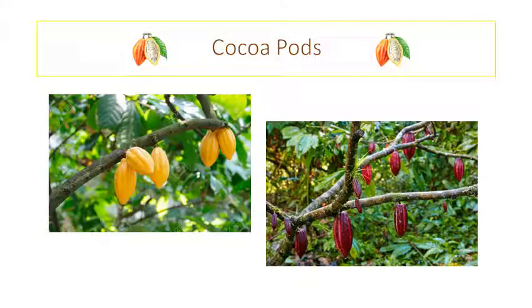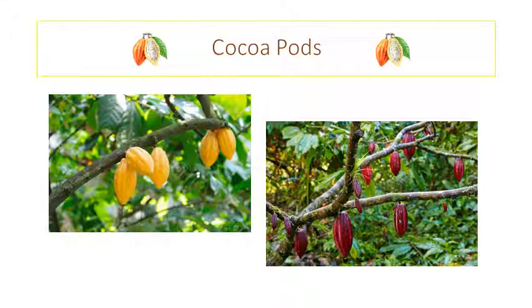Dear students, look at the slide. These are cocoa pods hanging from the branches of cacao trees. When the cacao tree is about 4 years old, flowers begin to mature into pods.